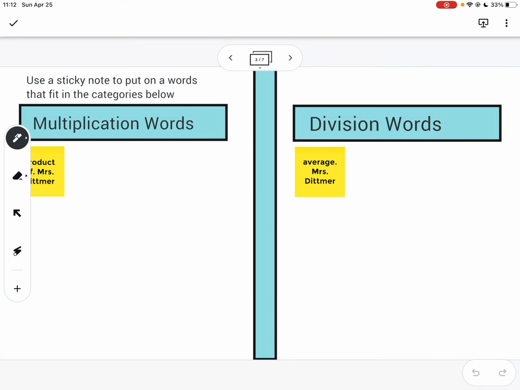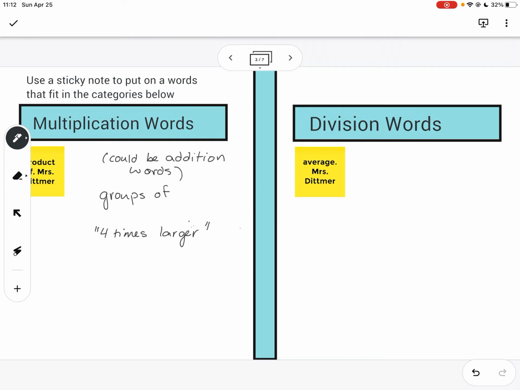So now we're trying to decide on some multiplication words. This one actually could be addition words as well, because we know that multiplication is repeated addition. But often we have things like groups of, or 4 times larger, or product of that I have on my sticky note.